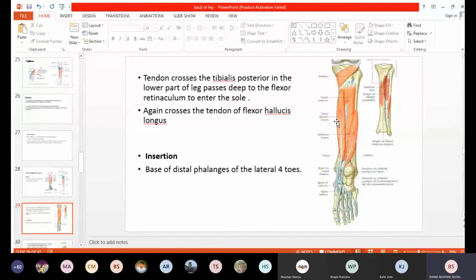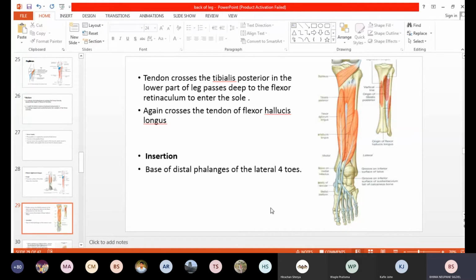You can see the flexor digitorum longus going downward, and here it is crossing the tibialis posterior, then passing the flexor retinaculum, and again it crosses the flexor hallucis longus. So the tendon of the flexor digitorum longus crosses the tendons of two groups of muscles.